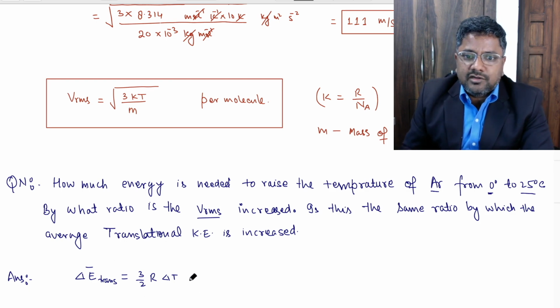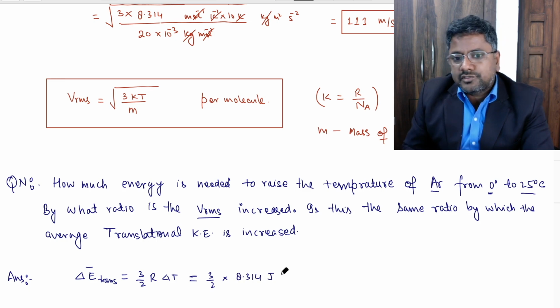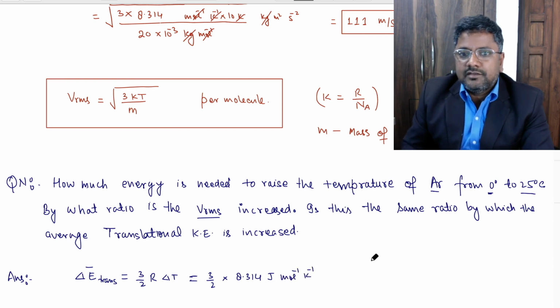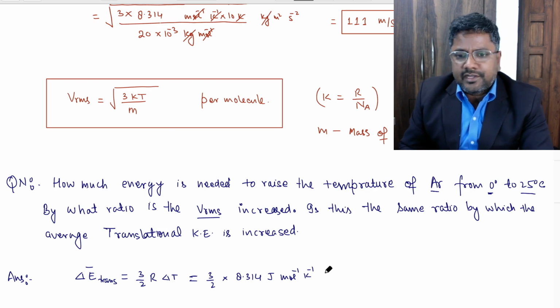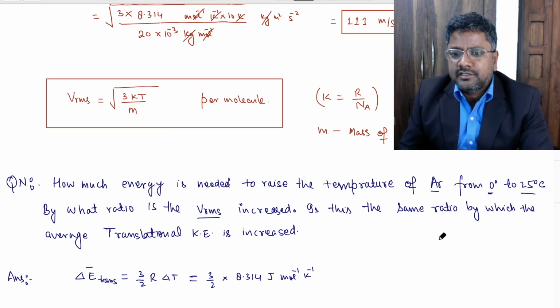So this is equal to 3 by 2 R, which is 8.314 joules per mole per degree Kelvin, right? And for delta T you can directly take 25 Kelvin, because once you take the difference, the difference is equal on the Celsius and Kelvin scales.